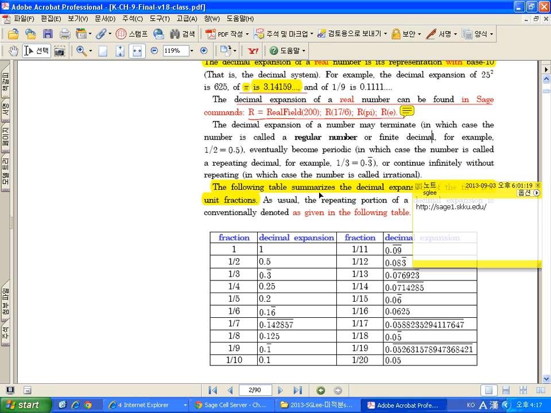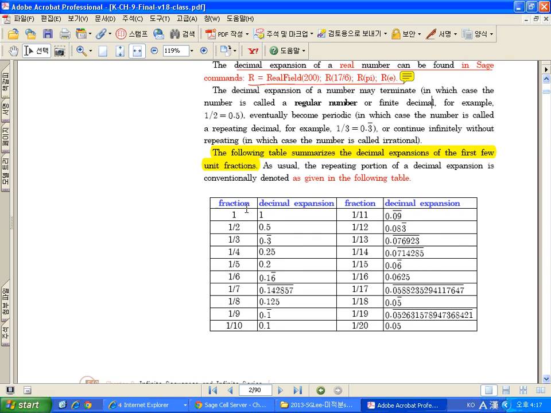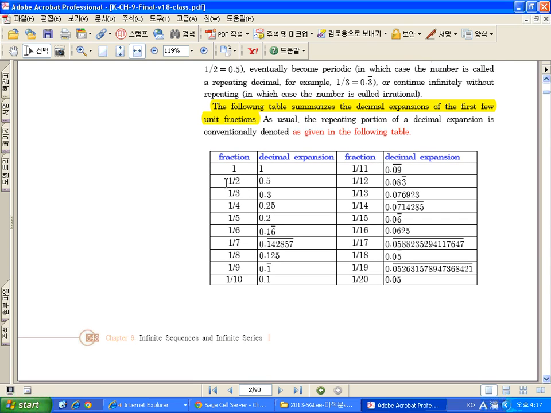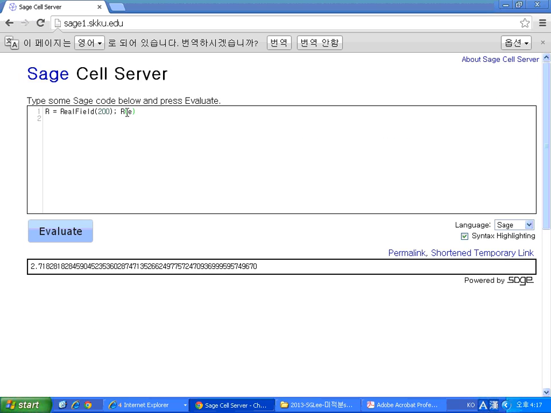And the following table summarizes the decimal expansions of the first few unit fractions. For example, 1 over 2 has a decimal expansion of 0.5, 1 over 9 as 0.11111 like this. So if we try it, 1 over 9 here, then we will have like this, okay?